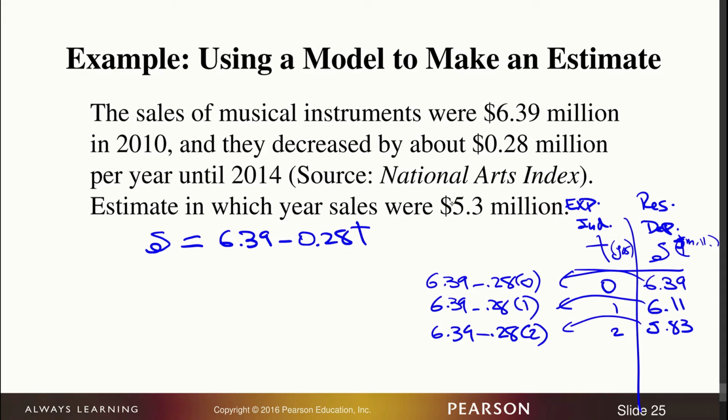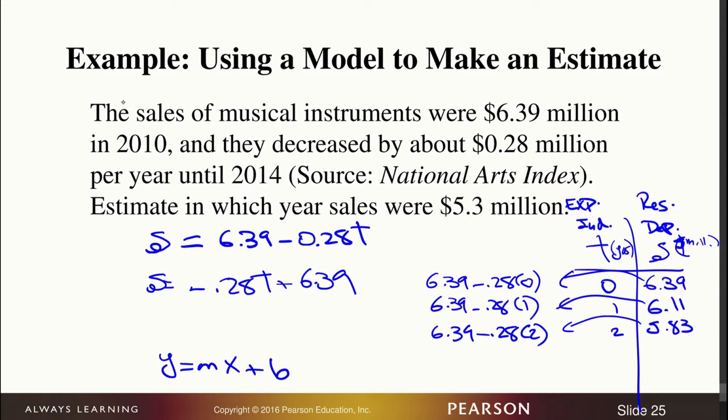Now, sometimes if people want to put this model in linear format, they'll put this first. So you may see it in this form, where we want to put it in the y equals mx plus b format. So we'll put negative 0.28t first, and then plus 6.39, right?